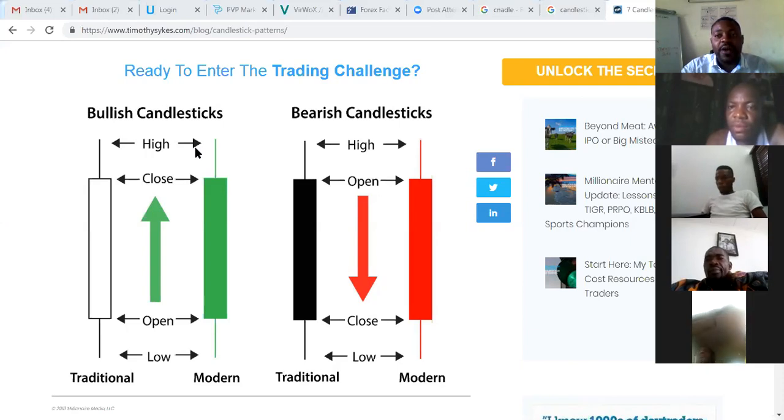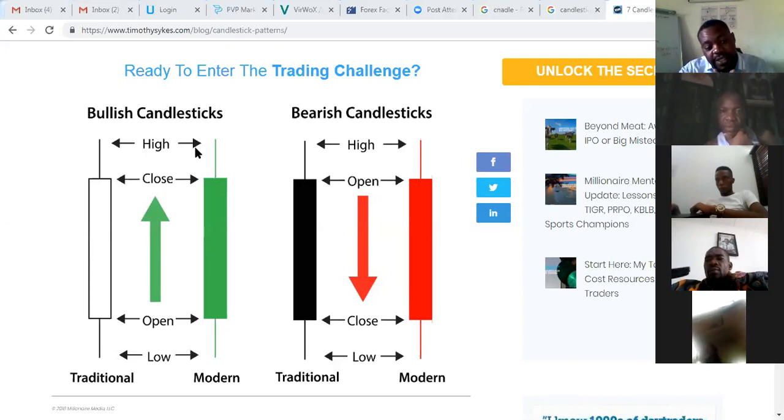And in a 4 hours candlestick, there are 240 times 60, which is approximately 14,600. It means that in a 4 hours candlestick, there are 14,600 seconds.